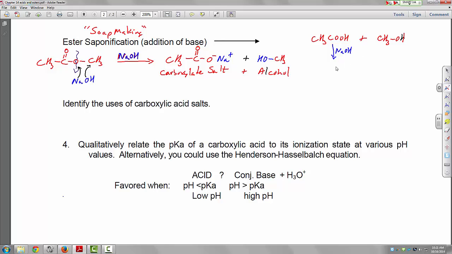Well, an acid and a base makes a salt and water, right? So we get the carboxylate salt. So you can think of it as maybe two steps. First, you split it apart to get the acid and the alcohol, just as we did above with the acid hydrolysis. But because that acid is in the presence of this base, you get this acid-base reaction to produce the salt.